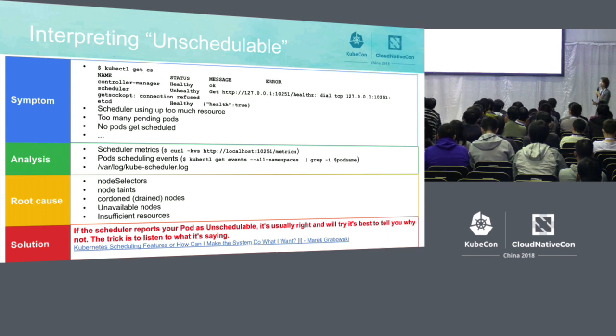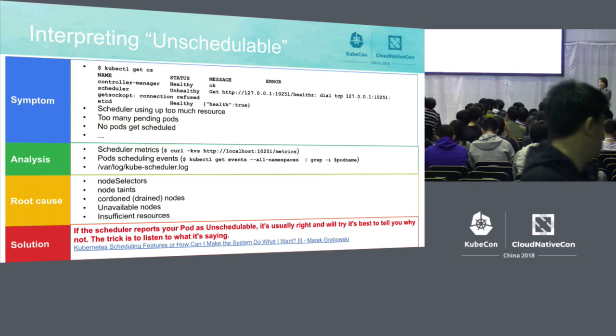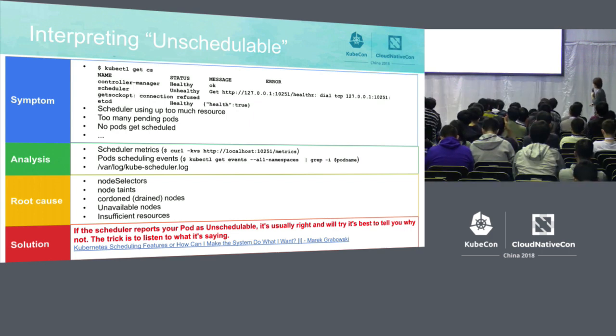And then there are some analysis tools you can use. For example, scheduler metrics. There is a lot of useful information in there. I know they added a lot of new useful metrics lately. Then you can also check the scheduling related events for specific pods that you care about and see if everything looks fine. And then you can always check the scheduler log as well.